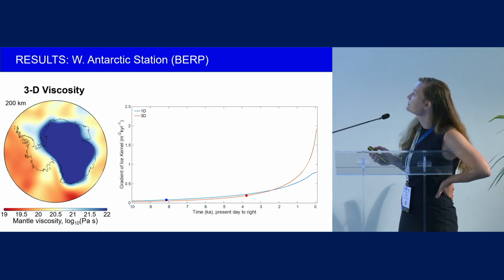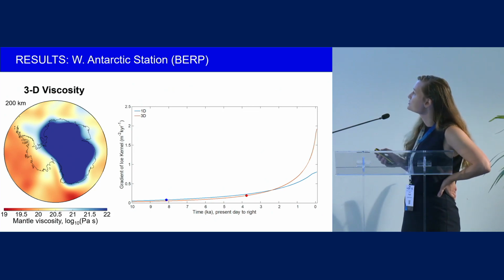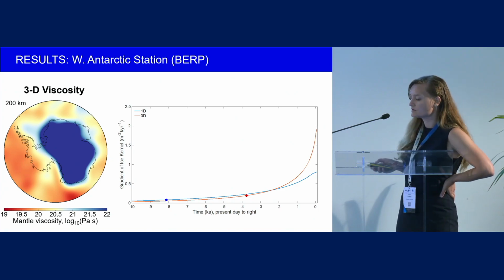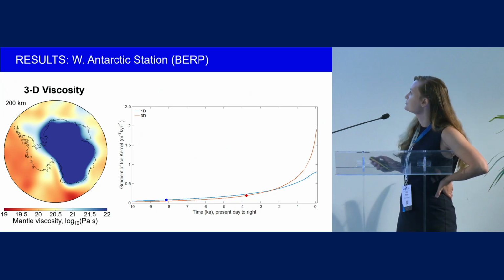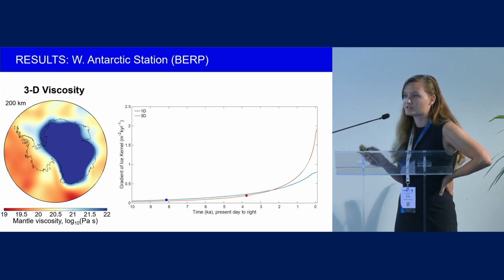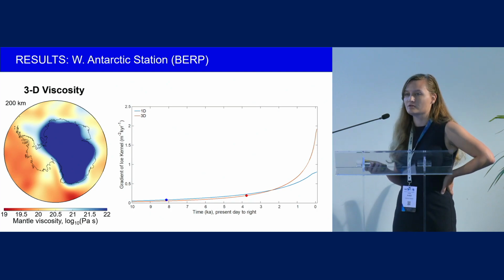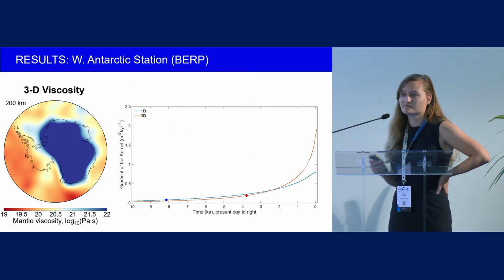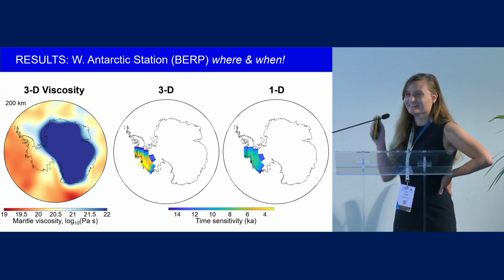However, jumping to this, we see the threshold for the 3D model is about 3,700 years. But this is for the value directly underneath the station, and we would not necessarily expect that to be just one number in the 3D model case. So does this vary through time? Yes, it does.